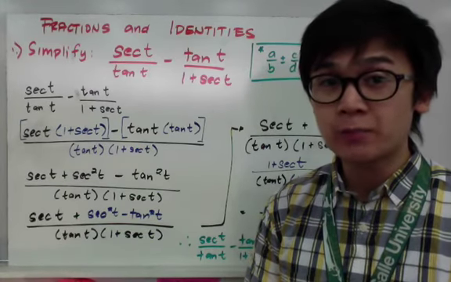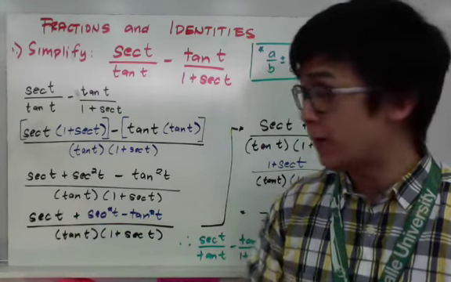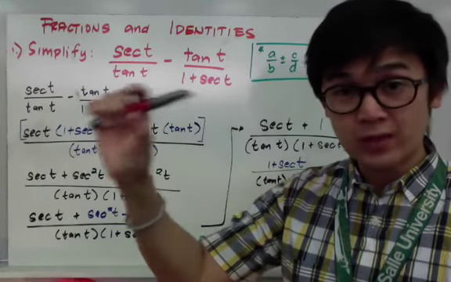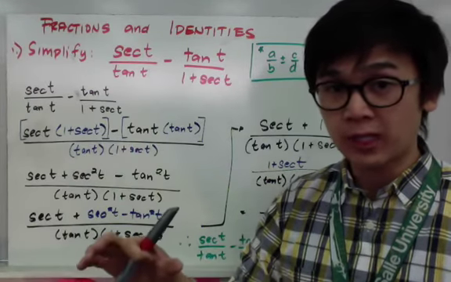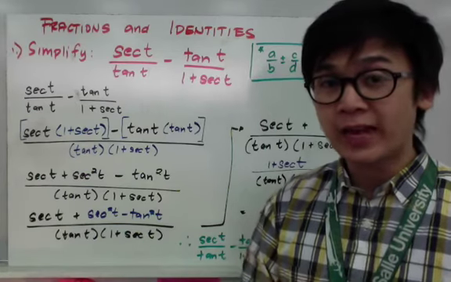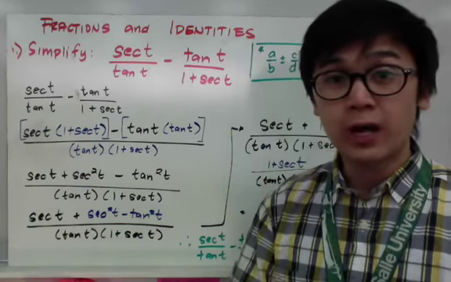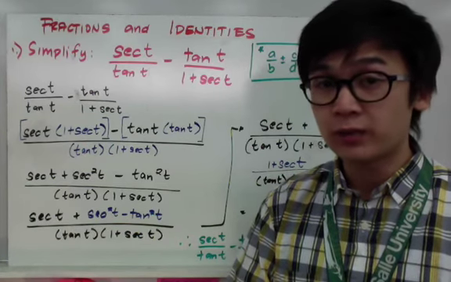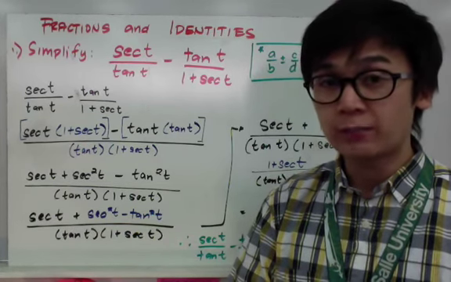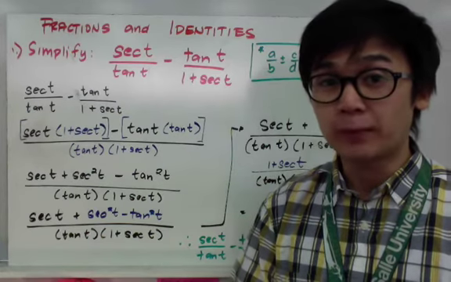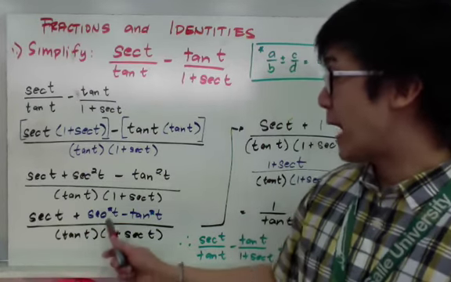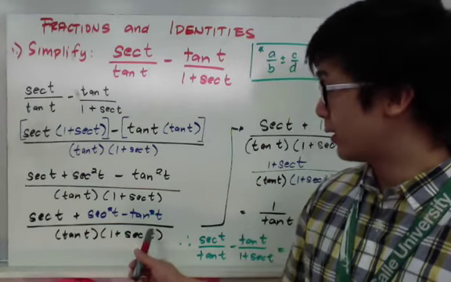Try to minimize your fraction step by step by just simplifying the numerator first and leaving the denominator, and see what you can cancel in the process. I would suggest that you don't combine or simplify your denominator, because eventually you might be able to cancel it. And that's what happened on my step right here.